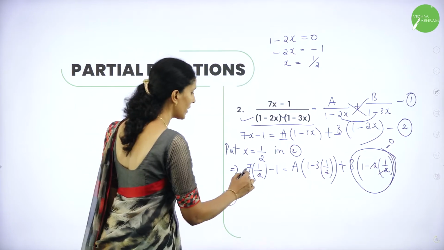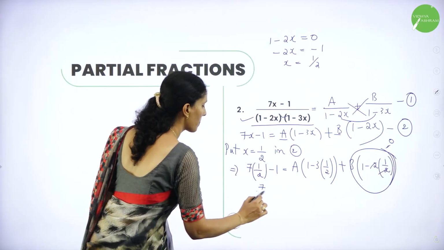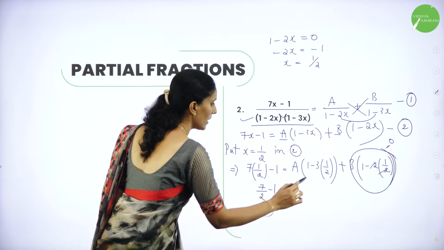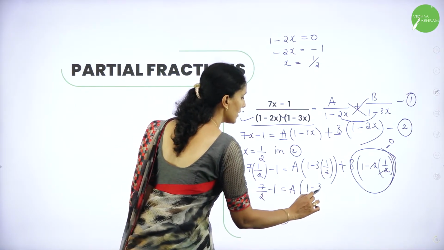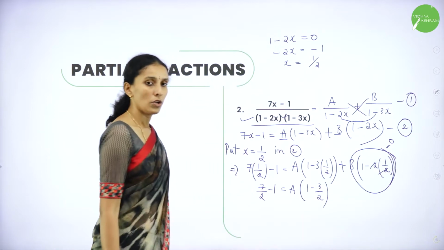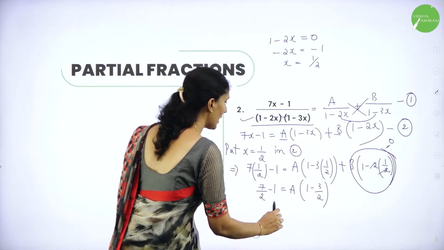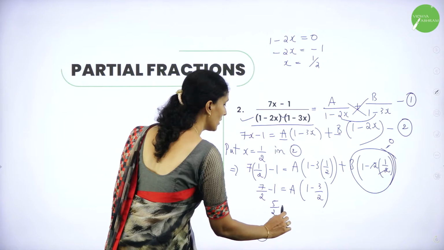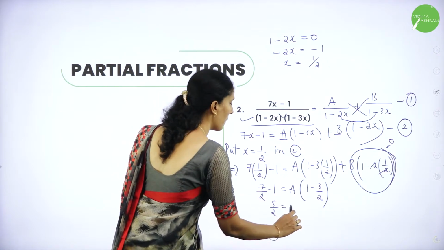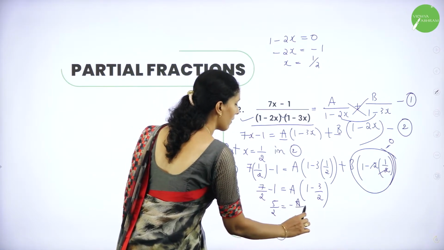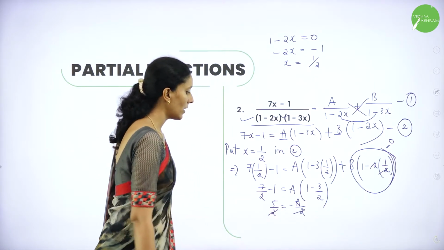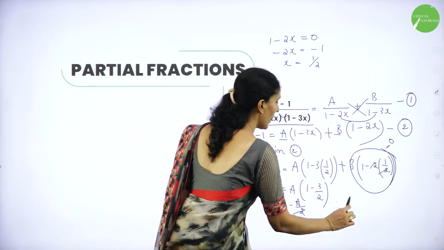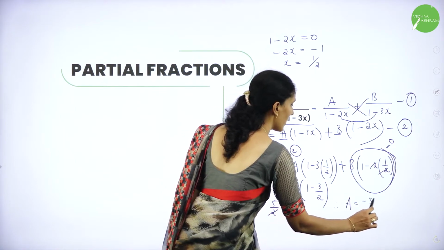So what I am left with here is 7 by 2 minus 1 is equal to, here it is 3 by 2, a into 1 minus 3 by 2. So when you solve this, you will get 5 by 2 is equal to minus a divided by 2. So you can cancel the denominator. So therefore, you will get a is equal to minus 5.